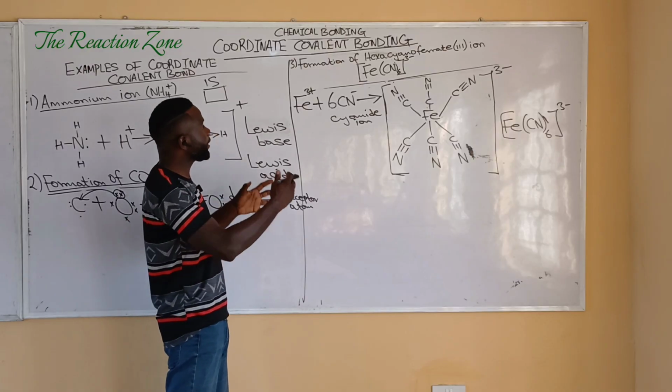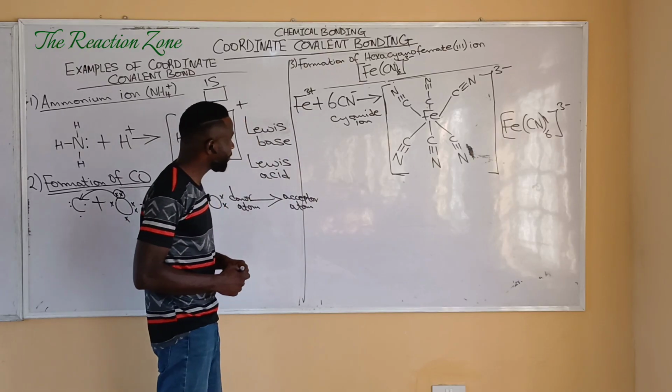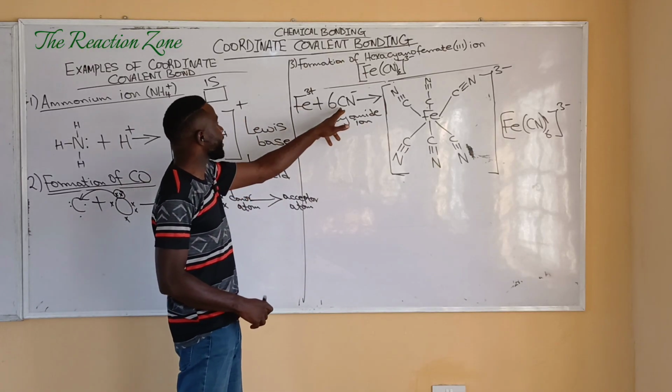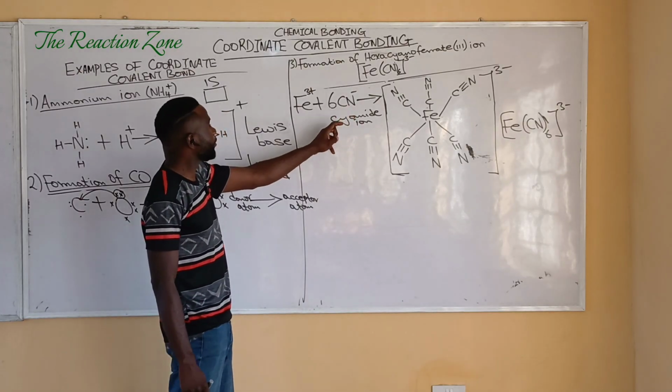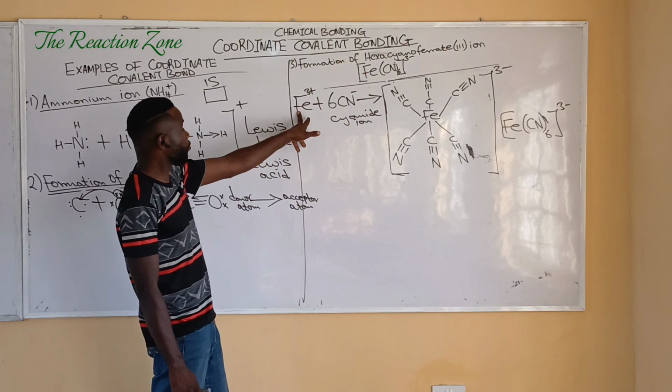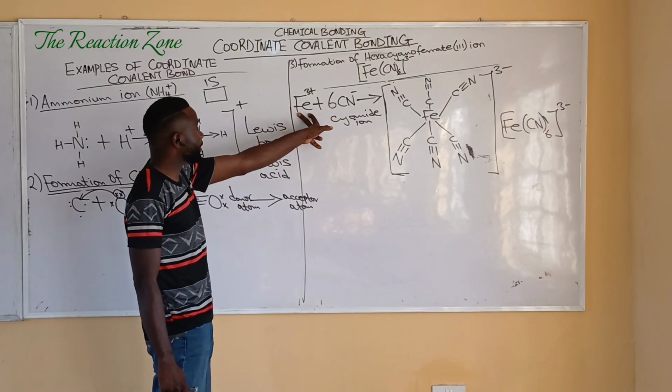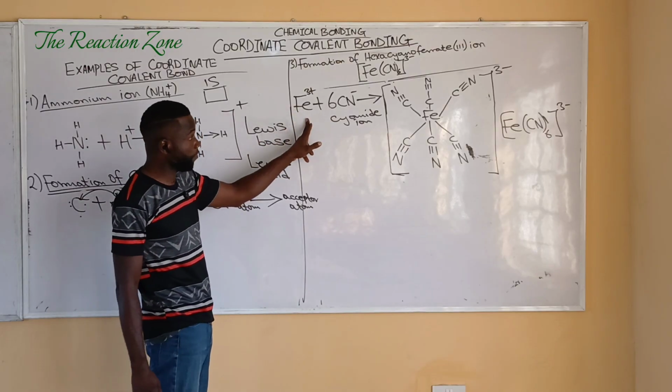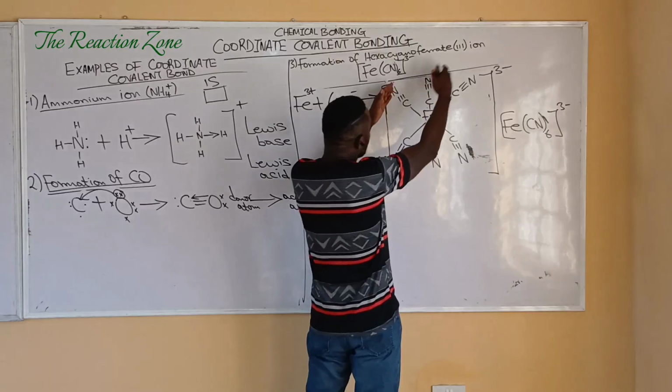In forming the hexacyanoferrate ion, 6 cyanide ions will donate an electron pair each to the central metal ion, which is iron 3 plus, leading to the formation of this structure here.